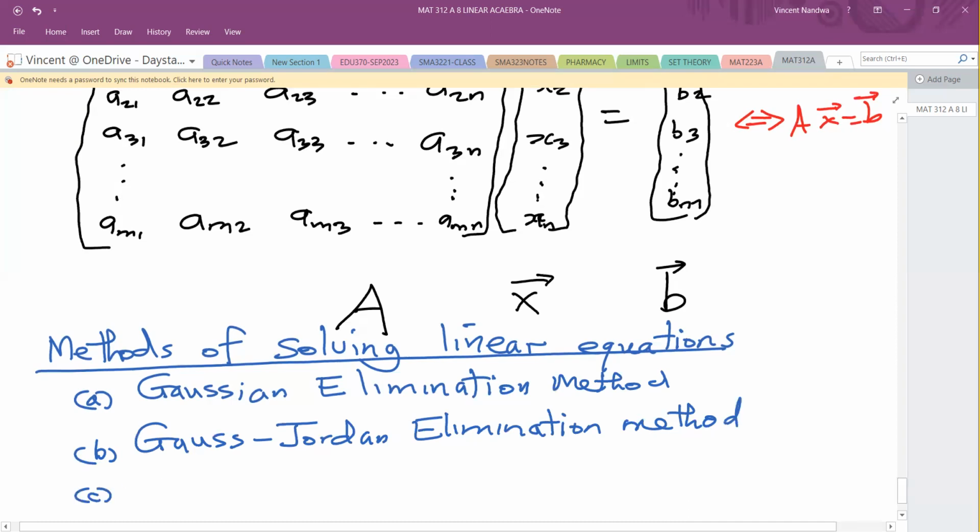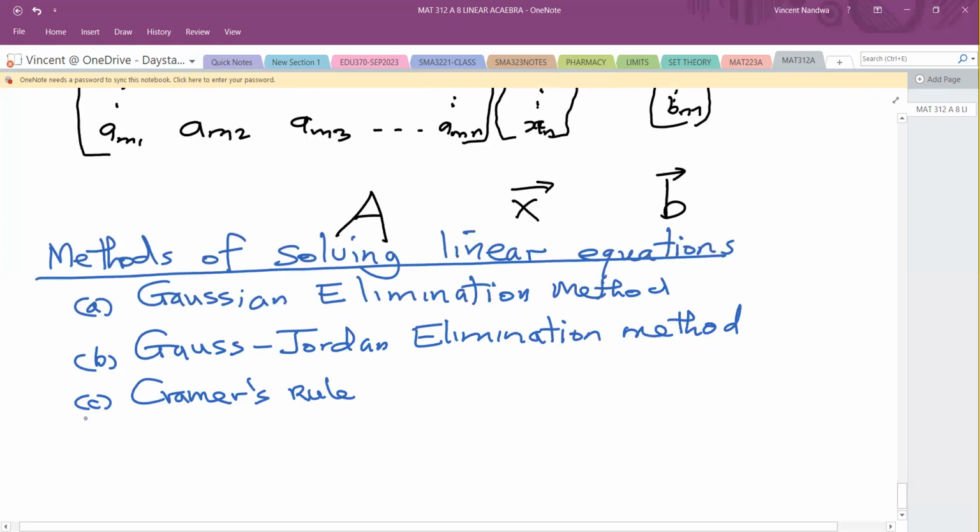Three, Cramer's rule. And then other methods will be discussed later on, but these are the main ones that we are going to discuss.